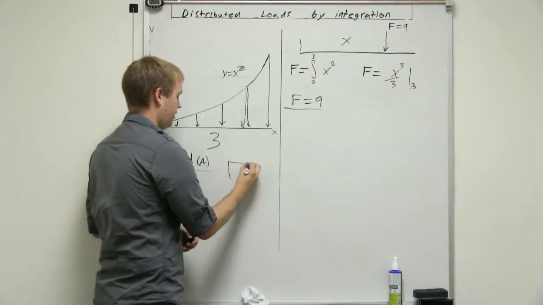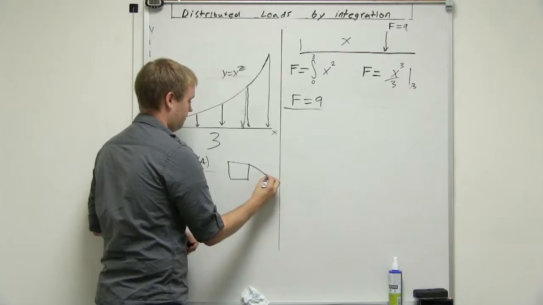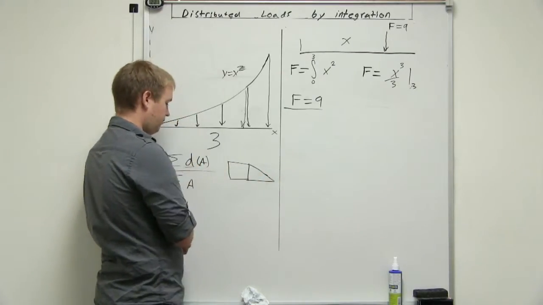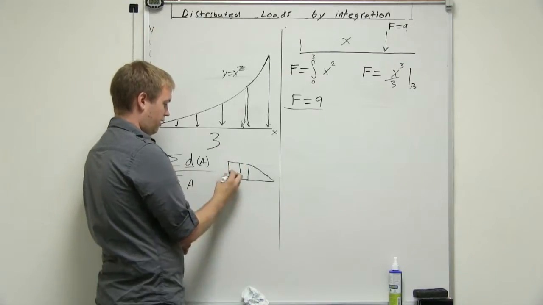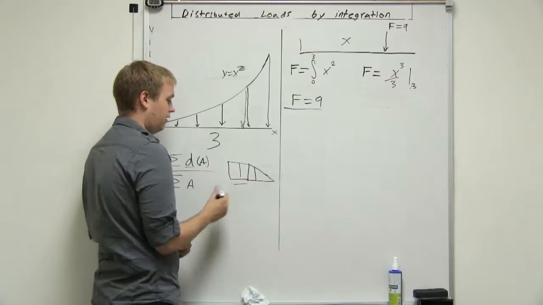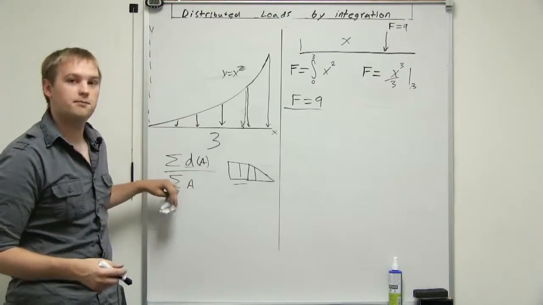So basically if you had a square and a triangle, well, the d for the square is this distance right here, acting halfway. The d for the triangle is going to be right there. So you just add all those together and then do this.